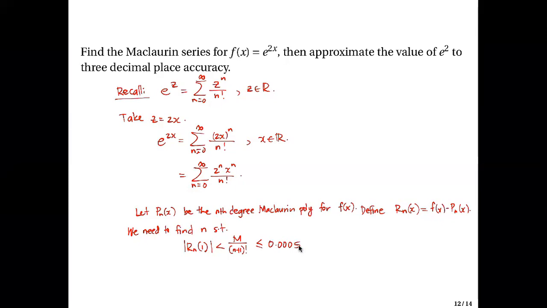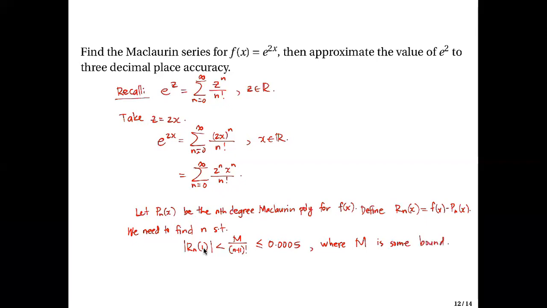Here, where M is some bound, we can let our x be inside the interval between 0 and 1.